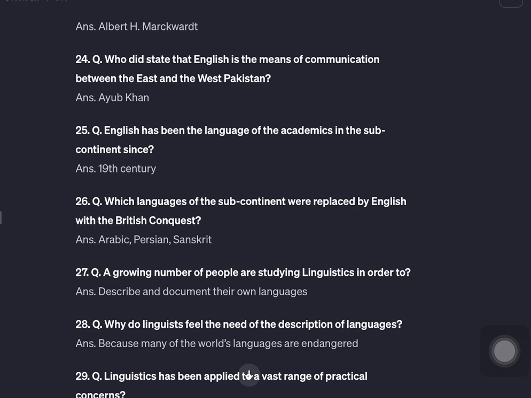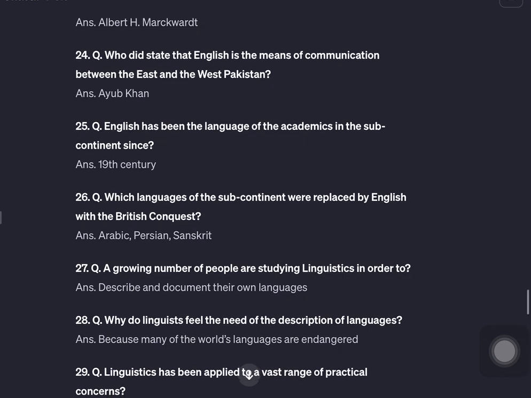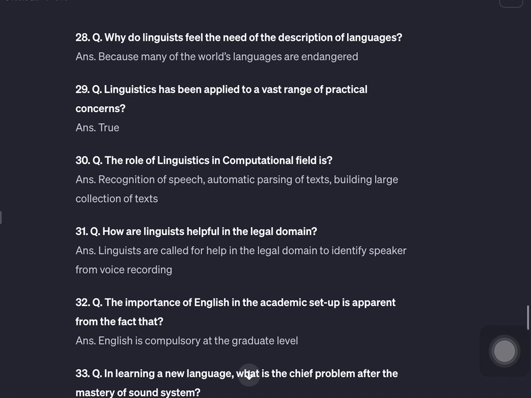26. Q. Which languages of the subcontinent were replaced by English with the British conquest? Ans. Arabic, Persian, Sanskrit. 27. Q. A growing number of people are studying linguistics in order to? Ans. Describe and document their own languages. 28. Q. Why do linguists feel the need of the description of languages?